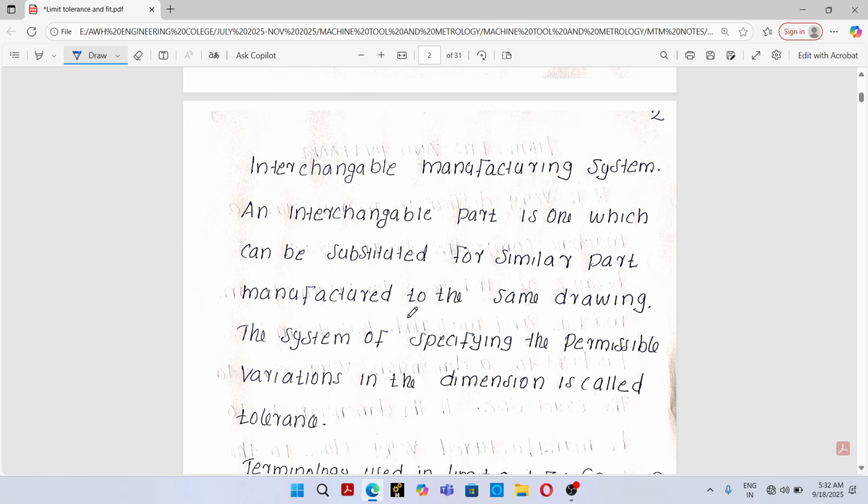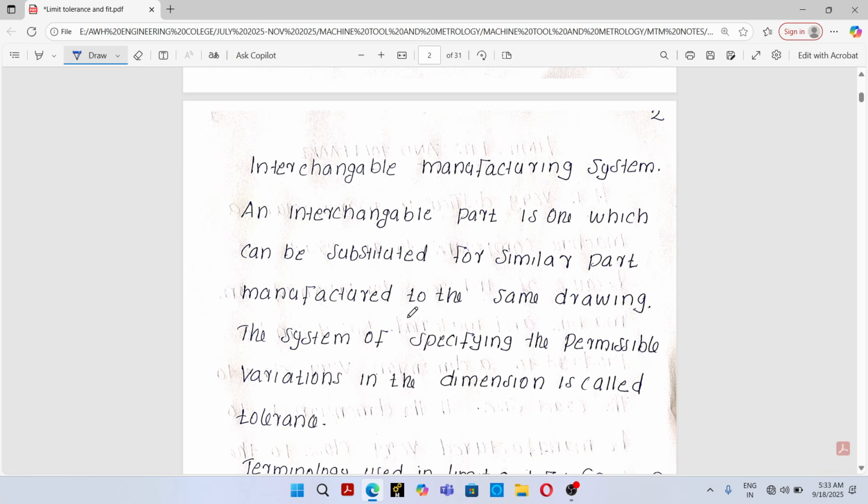The system of specifying the permissible variations in the dimension is called tolerance, and that permissible variation is known as tolerance. So this is the concept of interchangeable manufacturing system and what is the need of limits.